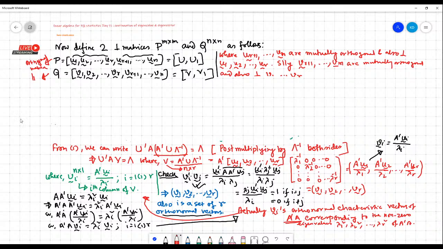So now P prime A Q equals U prime, U1 prime, A, V, V1.